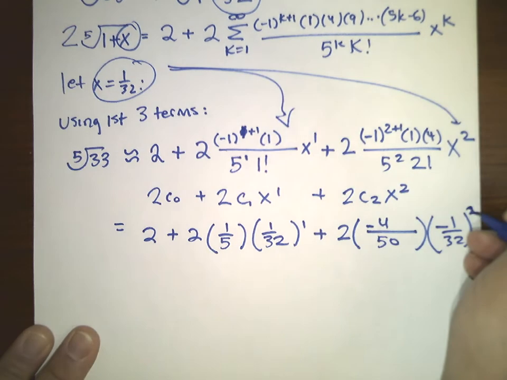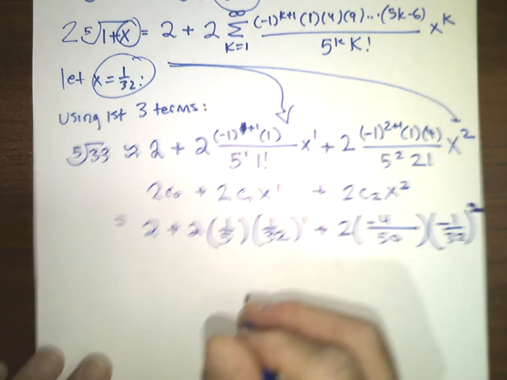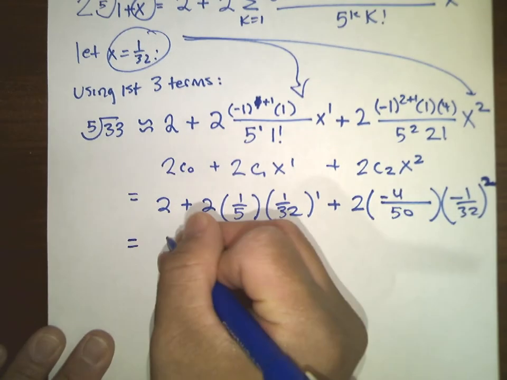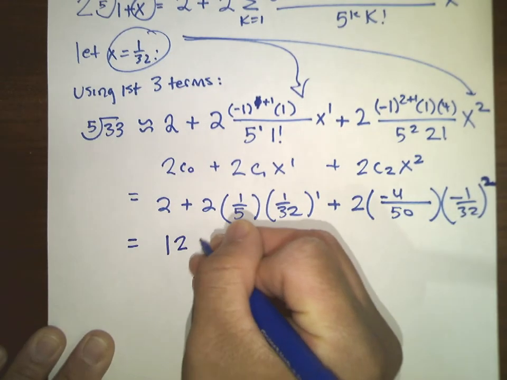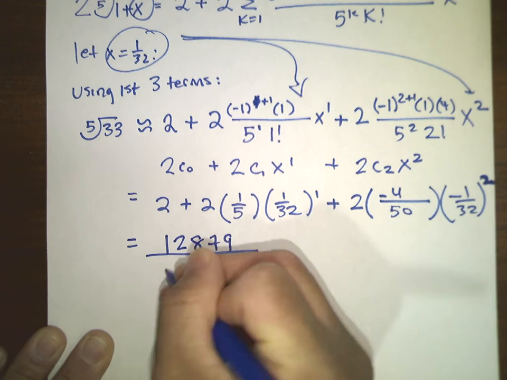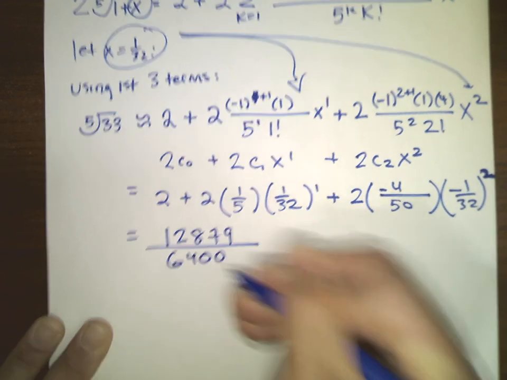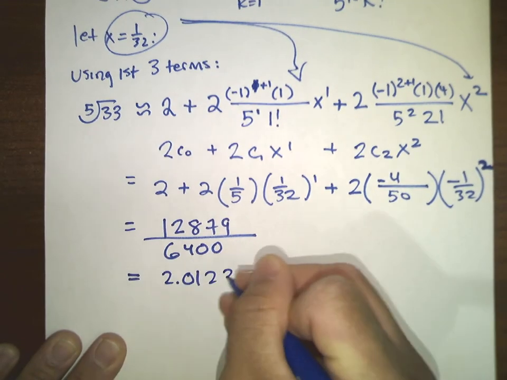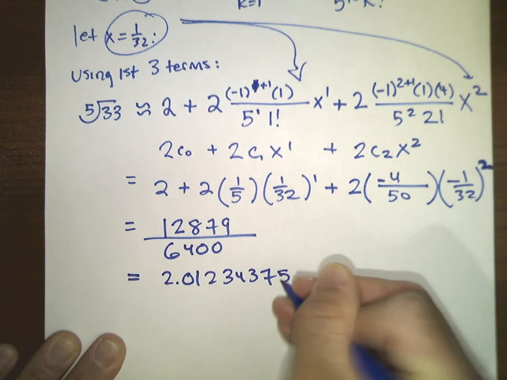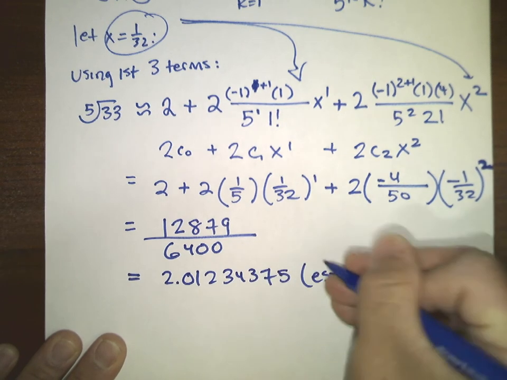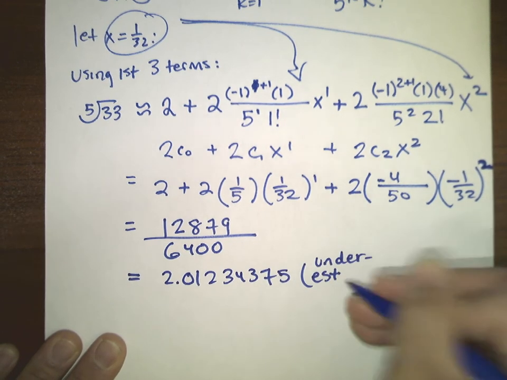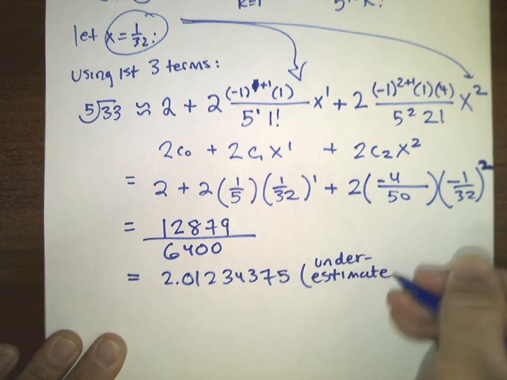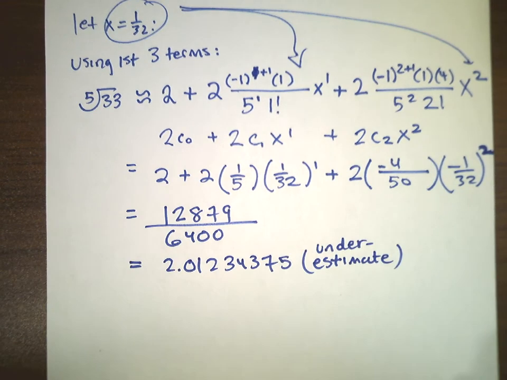I am just going to tell you what this is as a fraction: 12,879 over 6,400. So that is 2.0123435, which actually ends up being an underestimate of the exact value of the fifth root of 33.